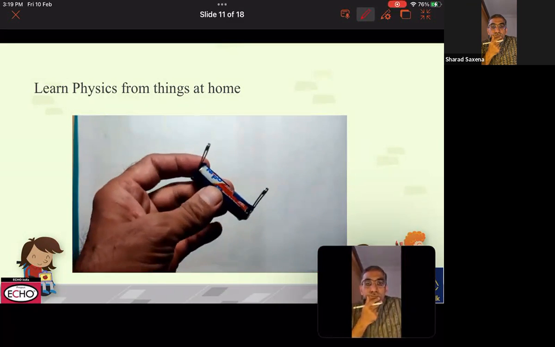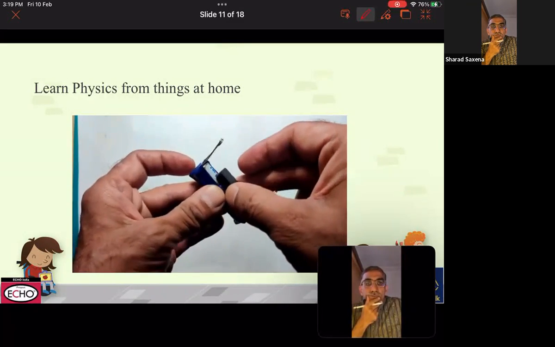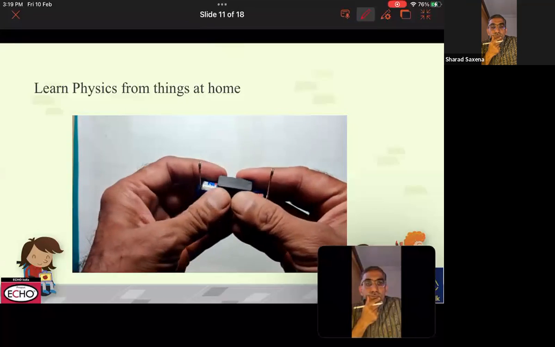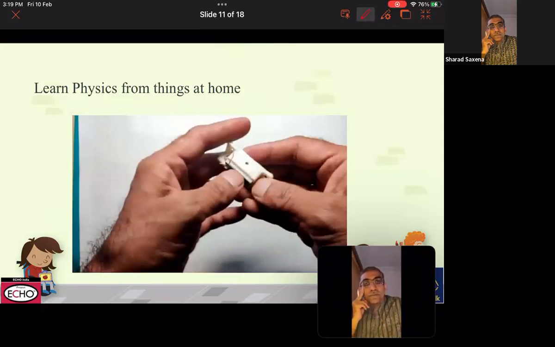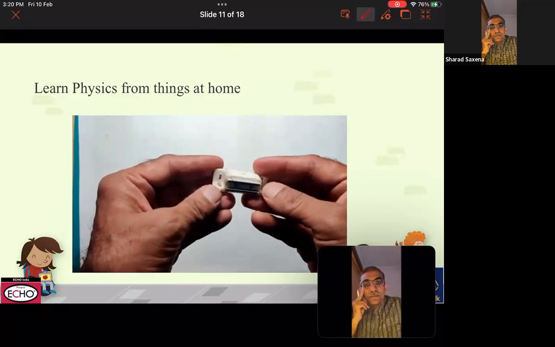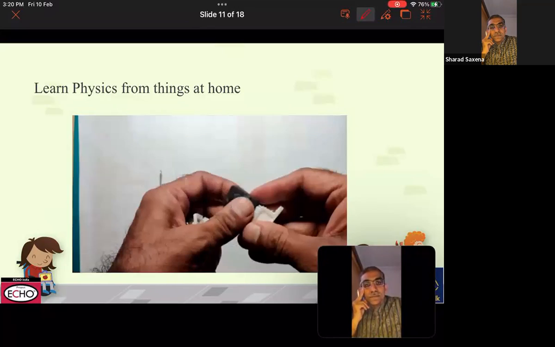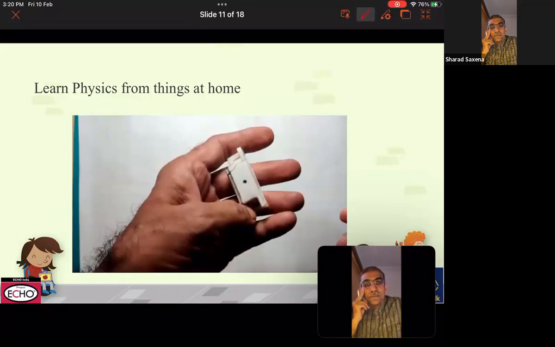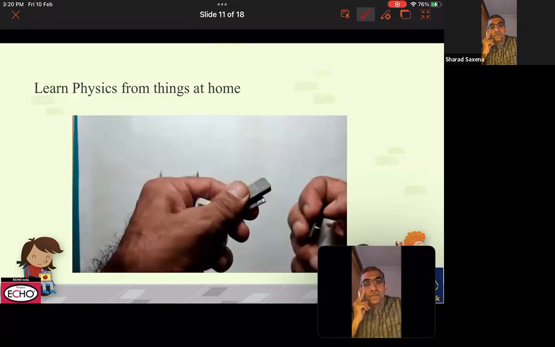Okay. And in the center, I have put a small magnet like this. You know where I got this magnet from? Anybody identifies this? This is a magnetic door closure. Now, when you break it open, when it gets damaged, cracked or anything, then you get a magnet like this from inside.